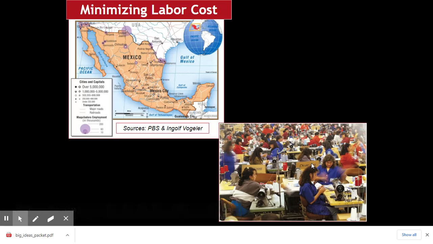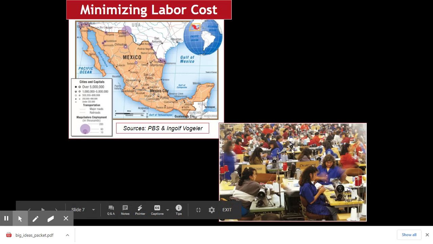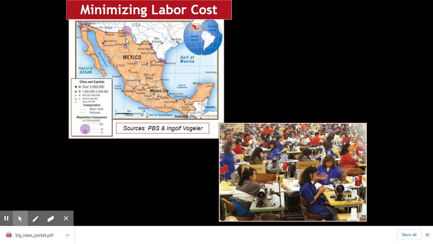This doesn't particularly take a lot of skill to assemble things together, which is why a lot of our microwaves, our televisions, even our automobiles increasingly are being pieced together and assembled to minimize labor costs right on the edge of the border. That's called a maquiladora. There are about 11,500 such factories along our border between the United States and Mexico.